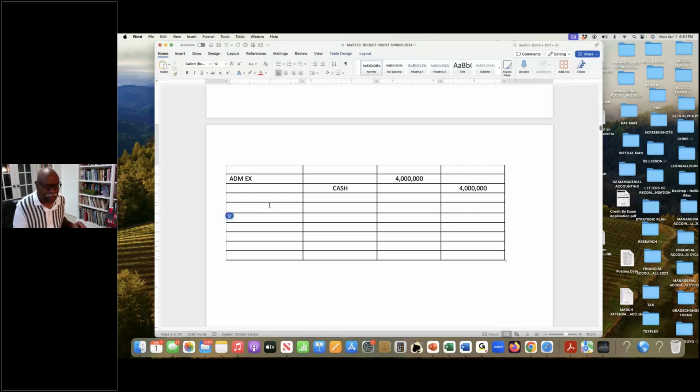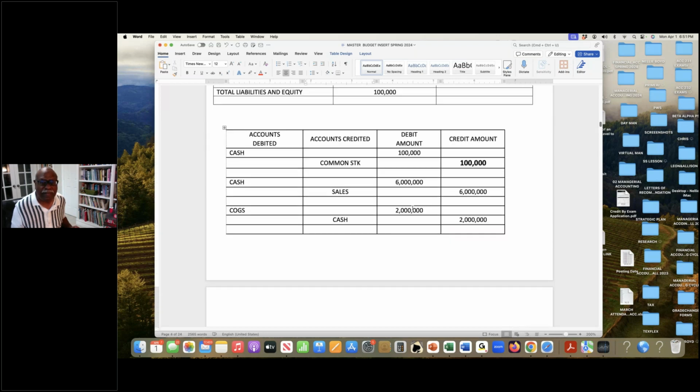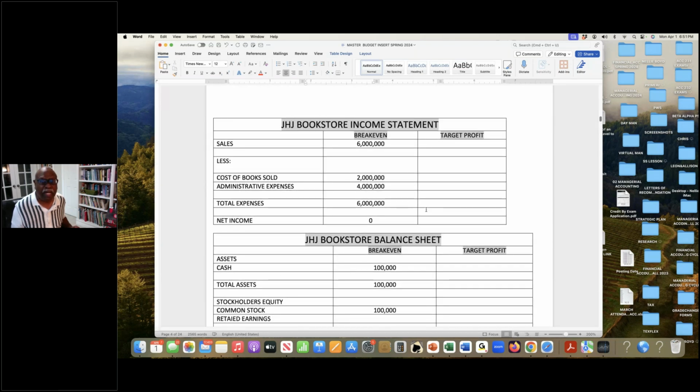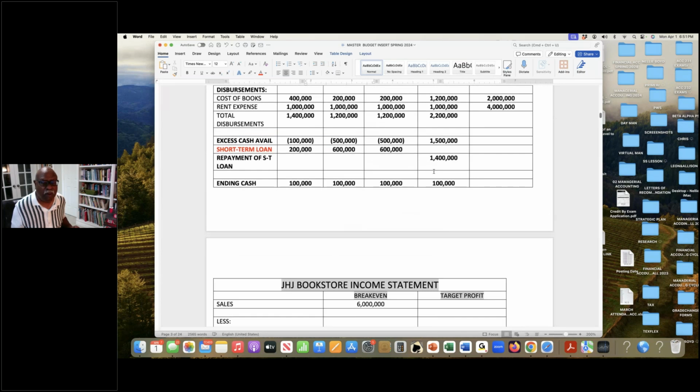Okay, so when we borrowed the money, we would debit cash and credit the short-term note. And we borrowed how much money? We said 1,000,004.